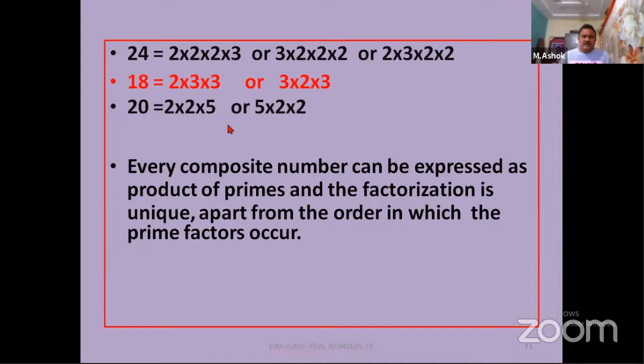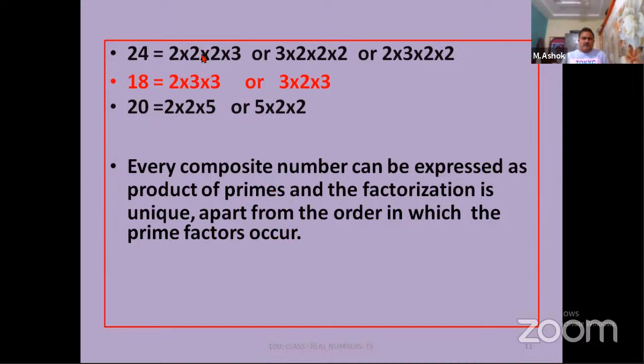So observe these three examples. Every composite number can be expressed as a product of primes and the factorization is unique, apart from the order in which the prime factors occur.